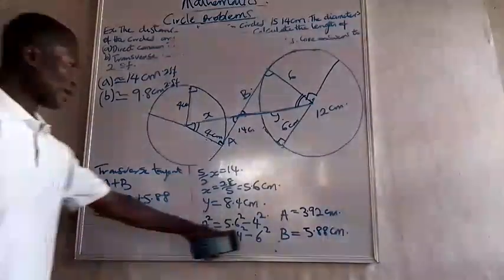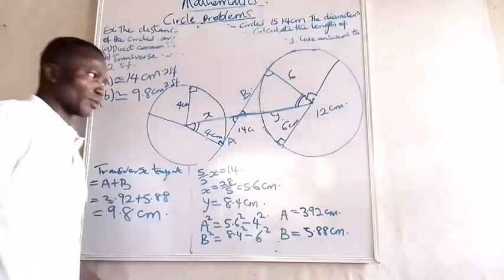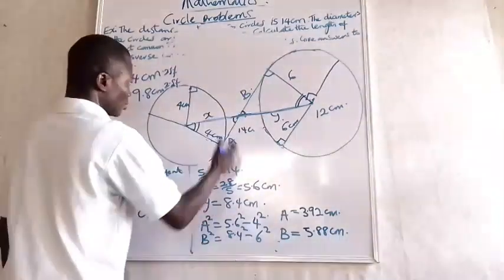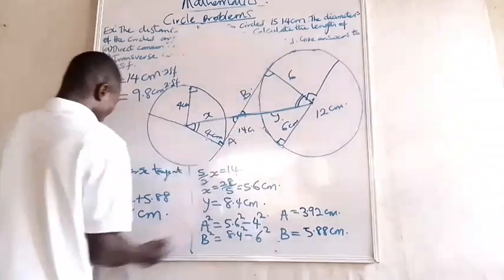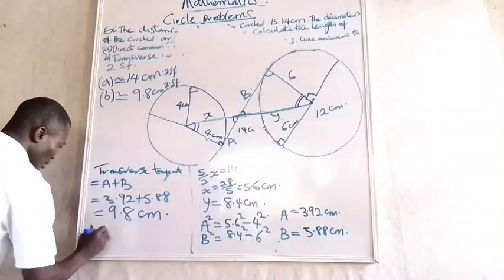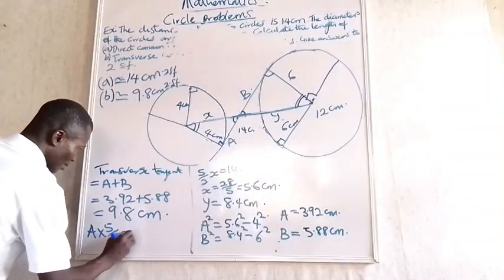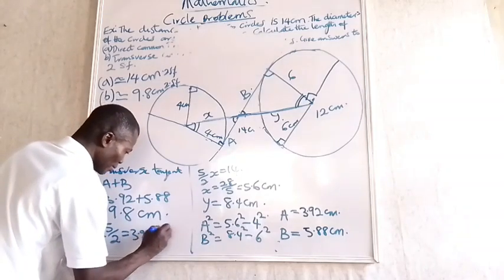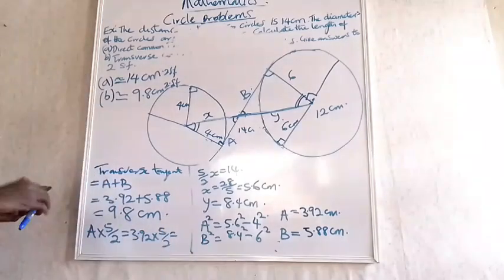You might not even need to find B. Once you have gotten A, you just use your proportion to get it. The ratio of A to B is 2 to 3. So A to the whole length will be 2 to 5. So you can just say A times 5 over 2, and that is going to be 3.92 times 5 over 2. So let's go like this.